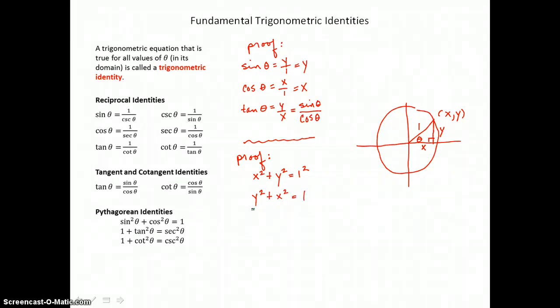I can replace y again with the sine of theta, so that I have sine squared theta, plus replacing x with the cosine of theta, cosine squared theta is equal to 1, and this is just our Pythagorean identity.